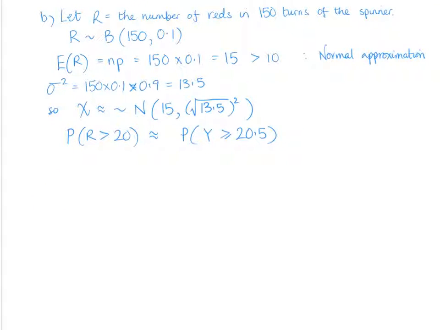So it becomes the probability of Z greater than, remember it doesn't need to be greater or equal to because it means the same thing on a continuous distribution. So 20.5 minus 15 over the standard deviation, so we've standardised it now.